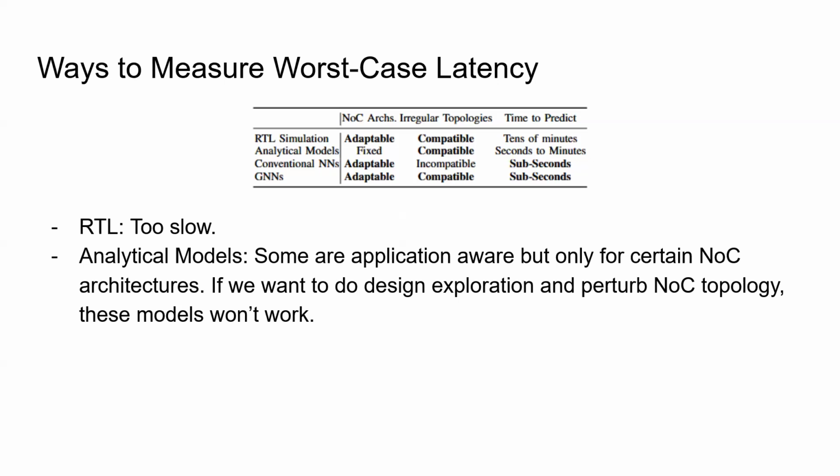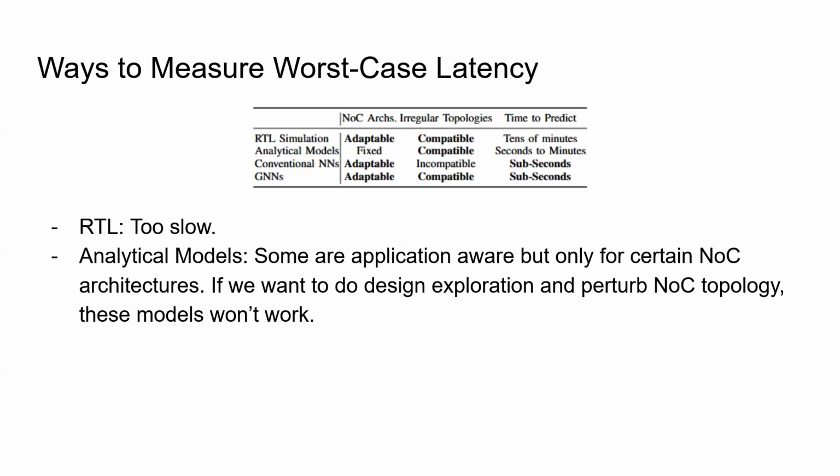The limitations that they point out with these are that some of them are application aware, but they only apply for certain NoC architectures. So if you want to do design exploration or a little bit of perturbation, these models don't really apply. There are other ones that are not application aware at all, but the nice thing about them is they can provide a static prediction on the latency.